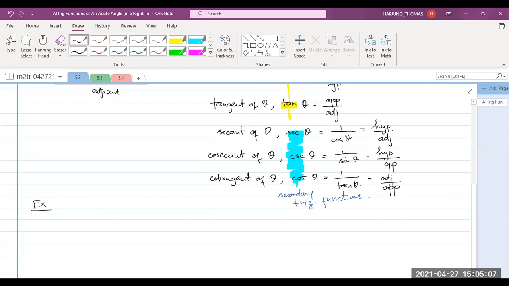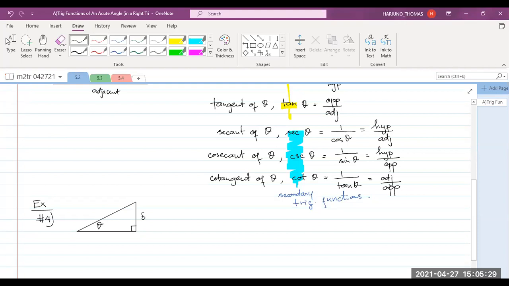For example, let's do number 4 first. Number 4, we have a right triangle, looks like the one we have up there. And we have angle theta here, right angle here.